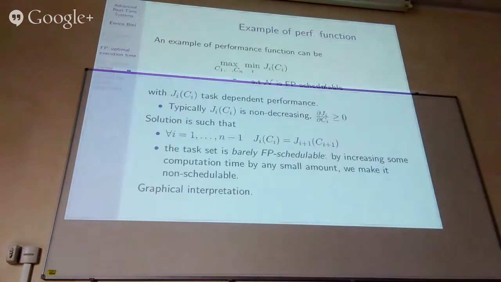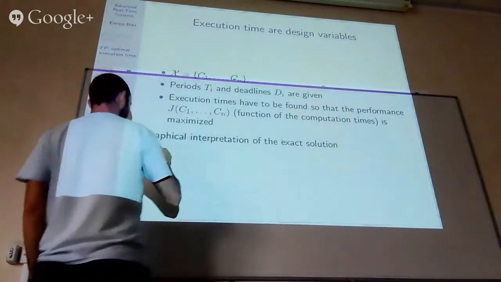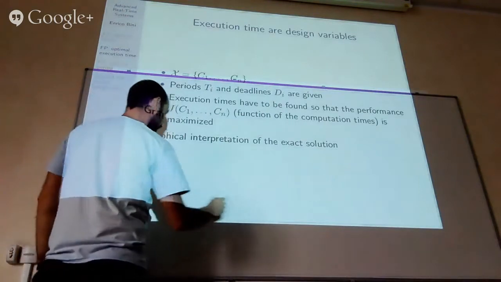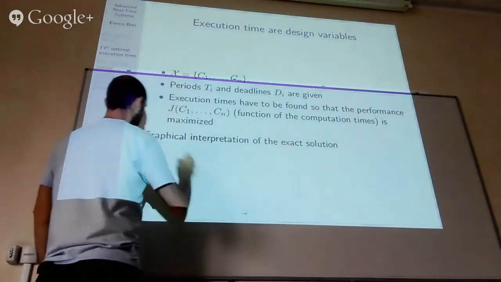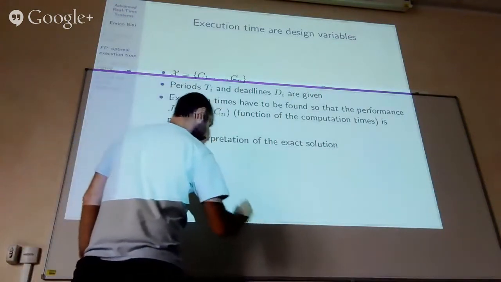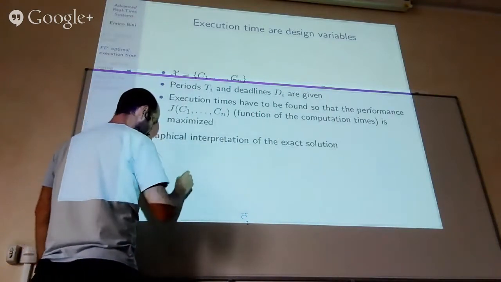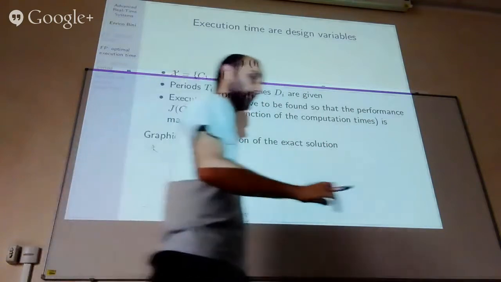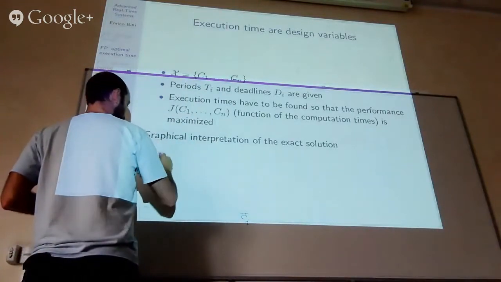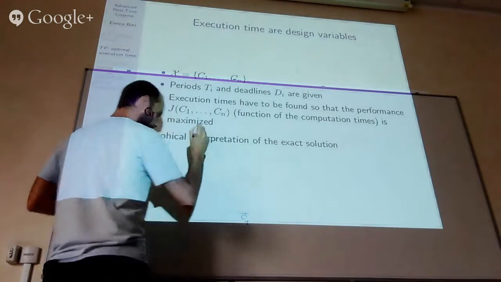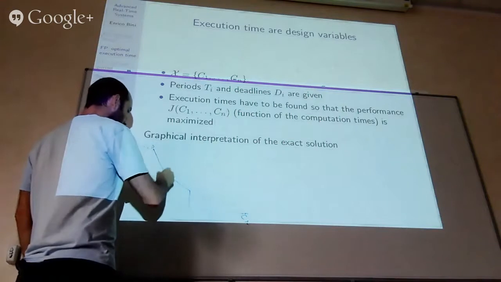Okay, let me see. Yeah, for example, I think we showed maybe last class or maybe the first class that in fixed priority, the feasible region of computation times C1 and C2 is something we know. I think I drew something like this in one of the previous classes, and this was the feasible region.